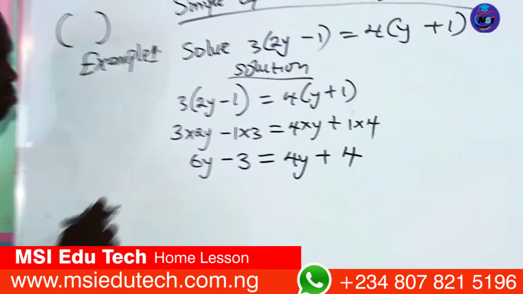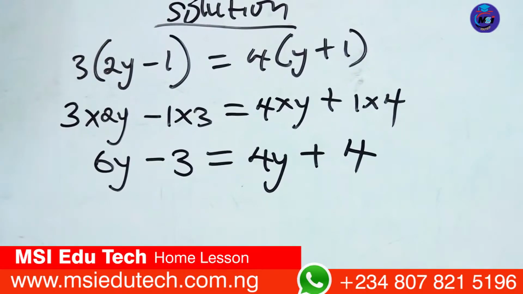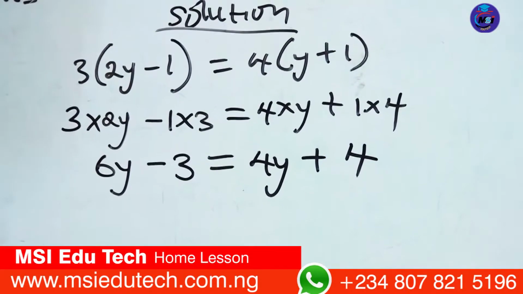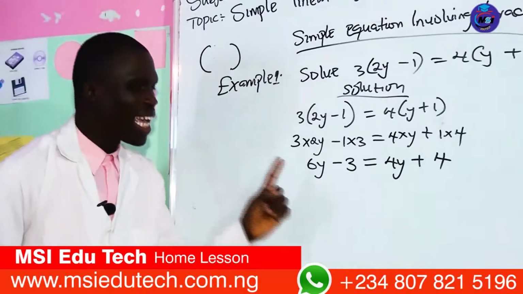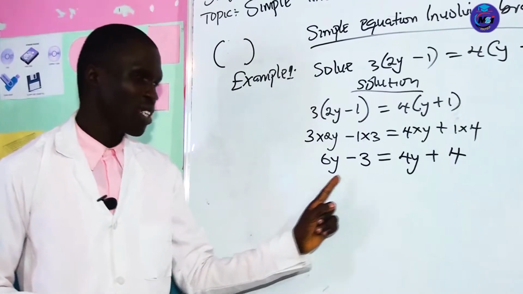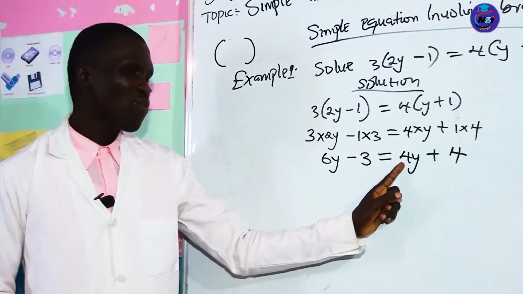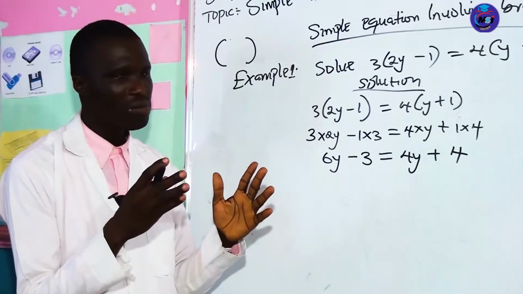Now, there's something that we need to do here that you have not seen before. I'm going to show you what we are going to do. This 6y is from the family of y, and this 4y is from the family of y. They have to come together.